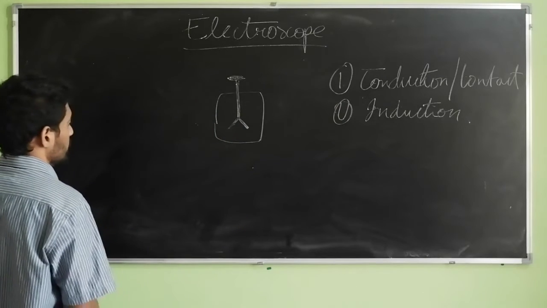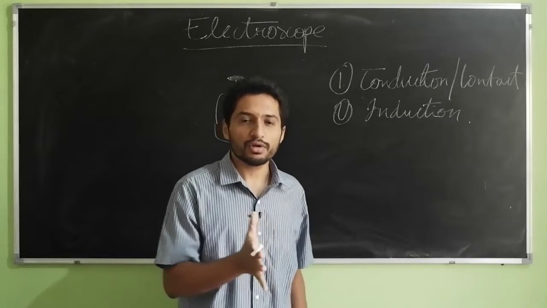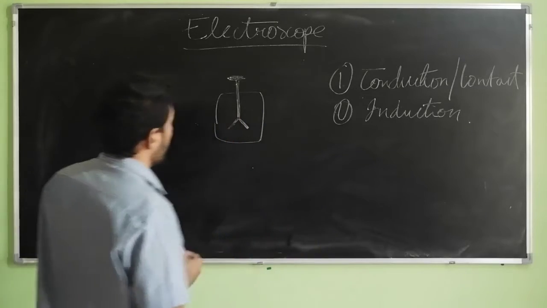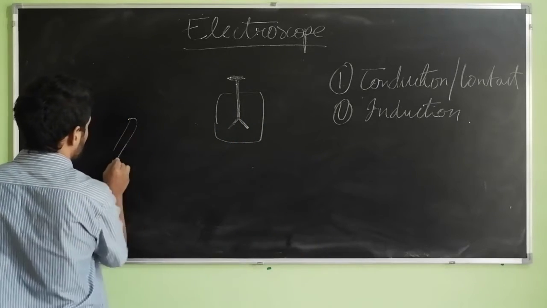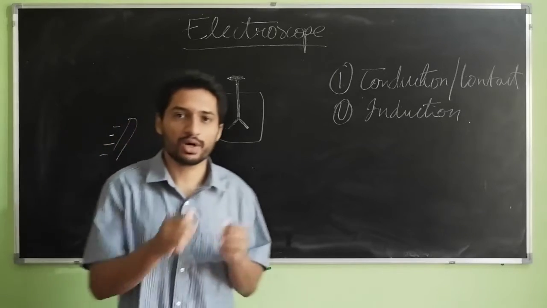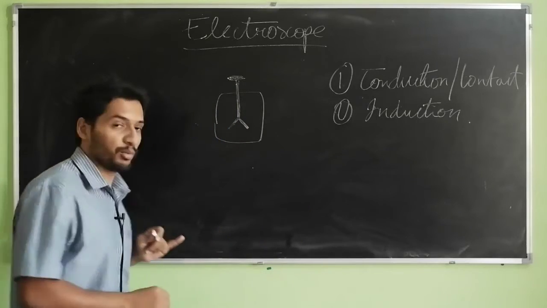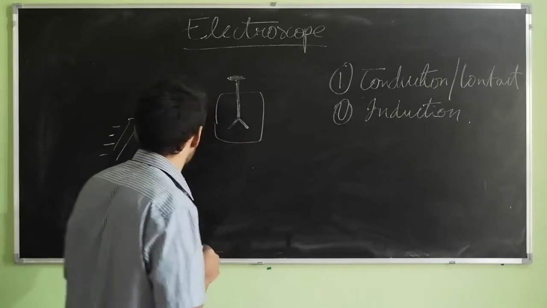What happens in conduction? For example, in my case I had a PVC pipe. The PVC pipe is negatively charged. As we already know, when PVC is rubbed with cotton, what we get is a negative charge. This is based on the triboelectric series, which I told you before.